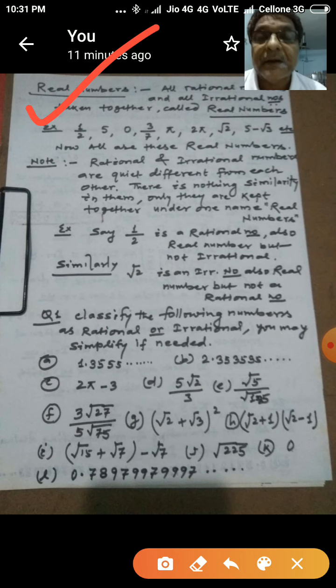But don't forget that if a number is rational, then it is not irrational. Conversely, if a number is irrational, then it is not rational. So a rational number is non-irrational and an irrational number is non-rational, but both are called by a common name, real number.